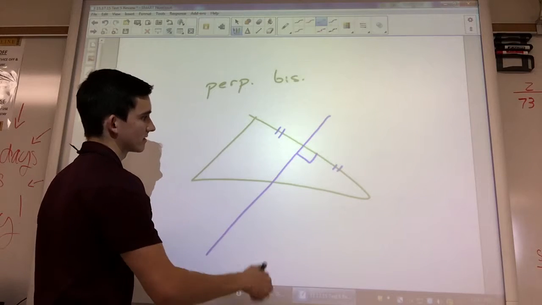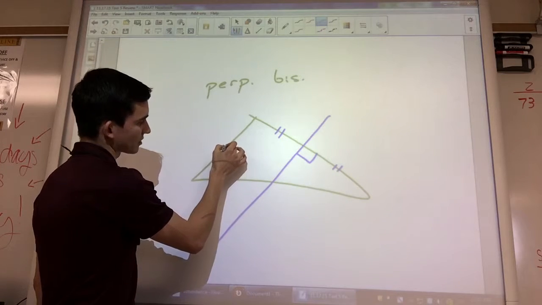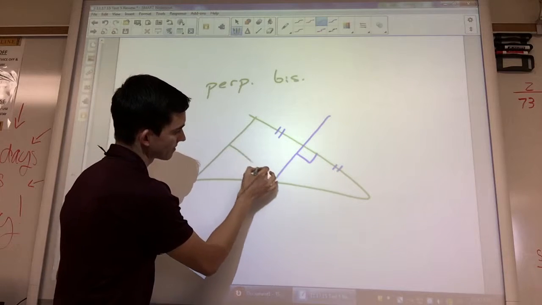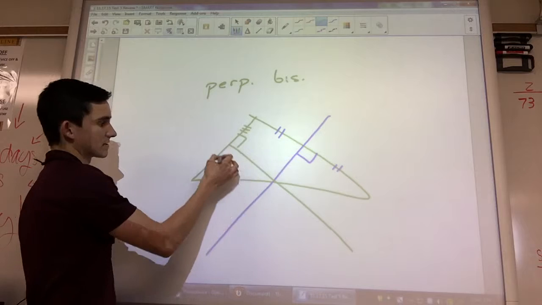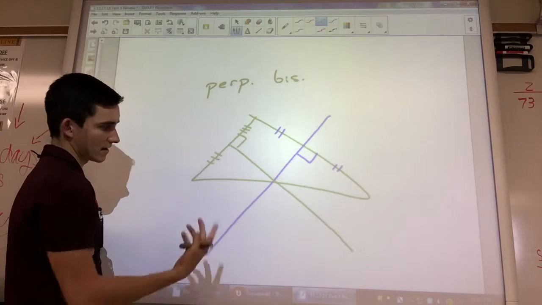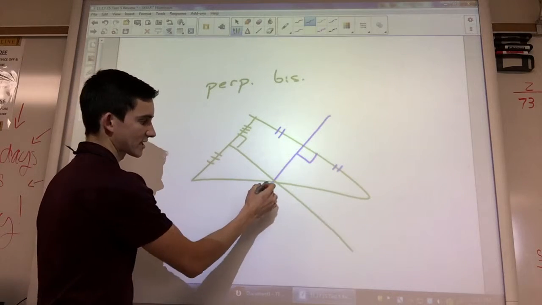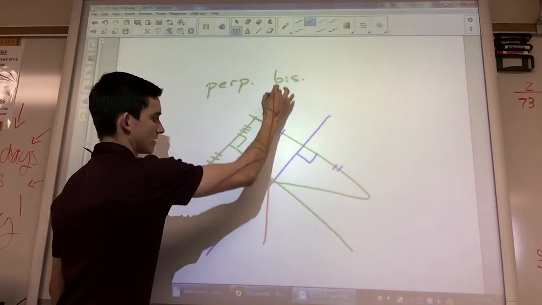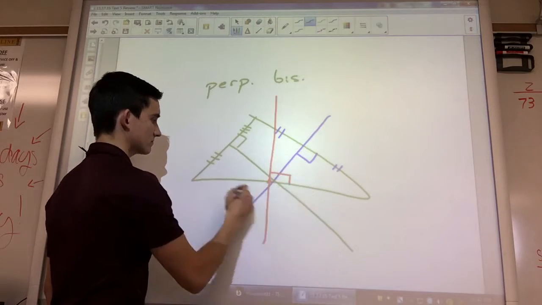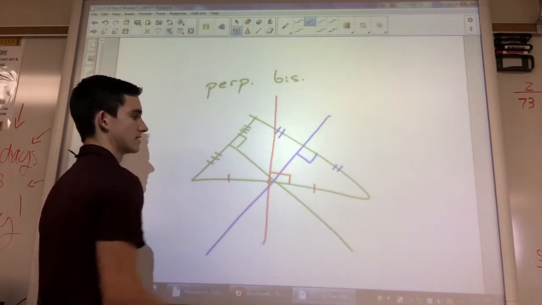The next perpendicular bisector here would bisect this side, again at a 90-degree angle. This part right here would have to equal this part. And then the last one would probably be right about here. It bisects this side, again at a 90-degree angle. So this side equals this side.